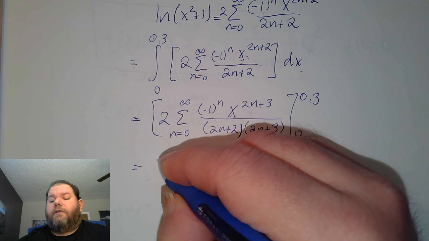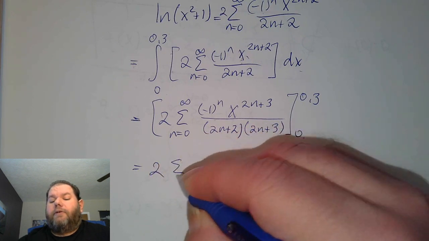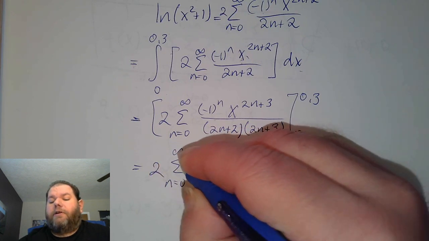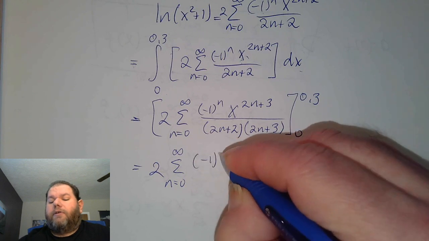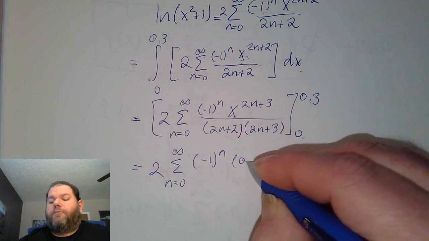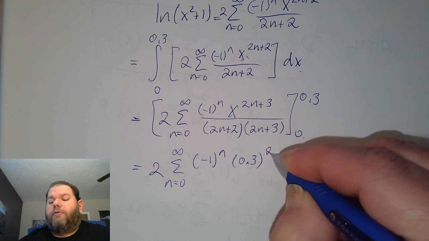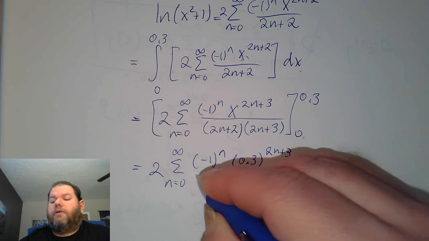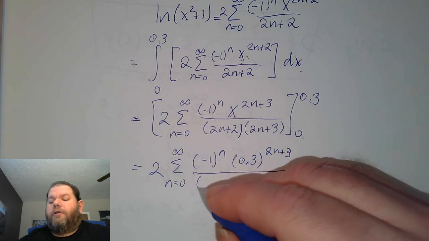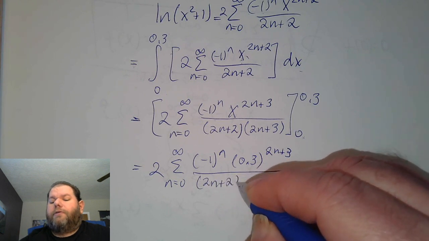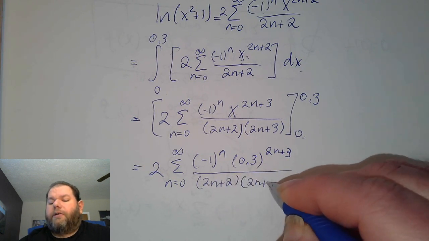So we'll make that 2 times the sum n equals 0 to infinity, negative 1 to the n, 0.3 to the 2n plus 3 over 2n plus 2 times 2n plus 3.